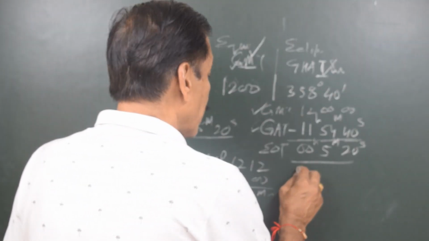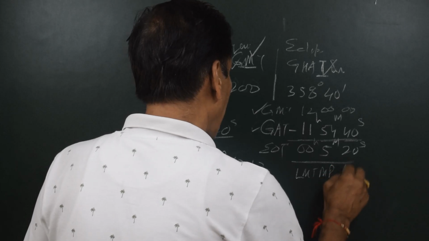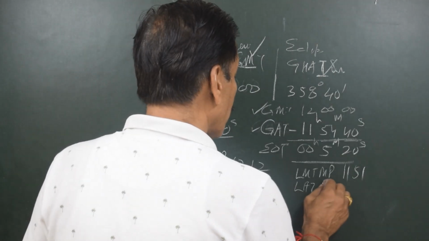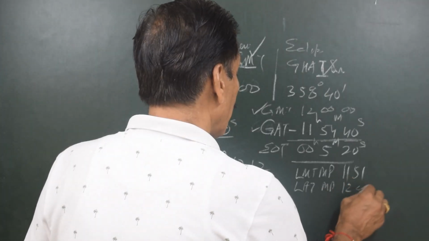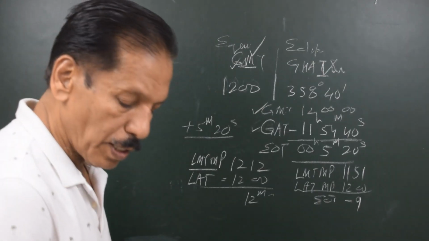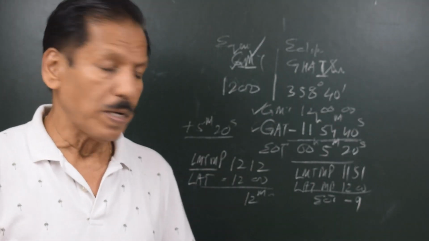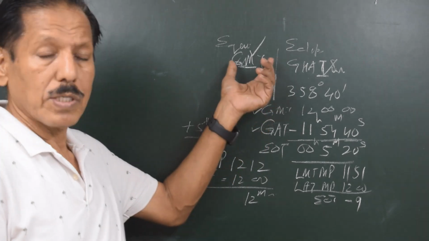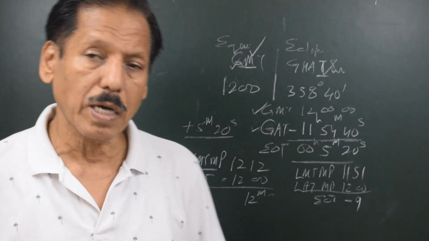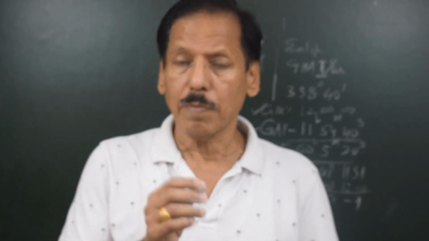Whereas if on the daily page the LMT meridian passage is given as 11:51, LAT meridian passage is always 12, so the equation of time is minus 9 minutes. So this is how you can find the equation of time for any GMT hour, minute, second, right? All you have to do is convert the time into angle or angle into time. But remember, when you do the conversion of solar time to solar angle, there is a discrepancy of 12 hours.